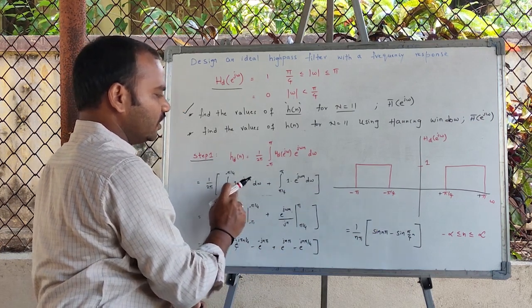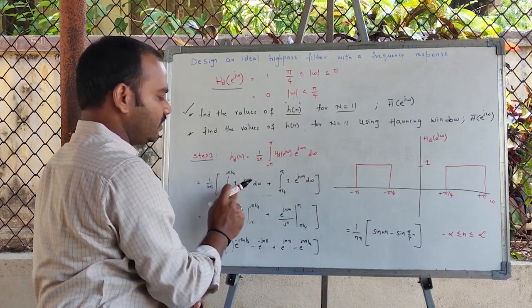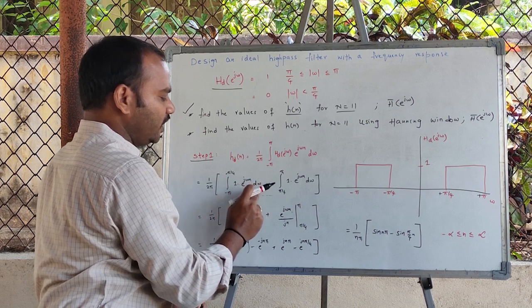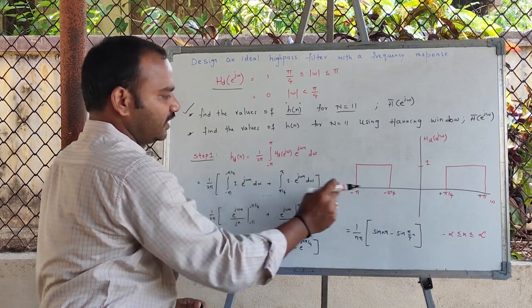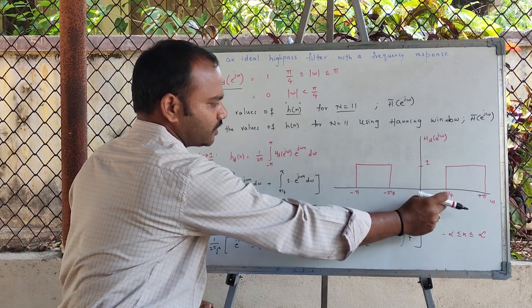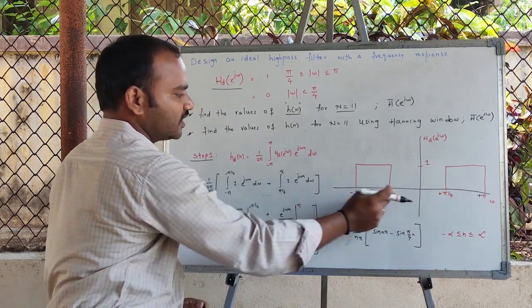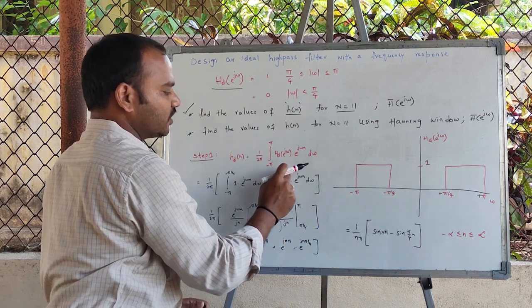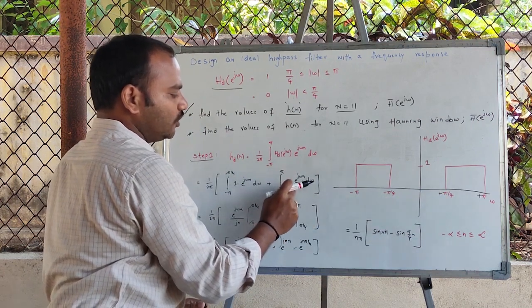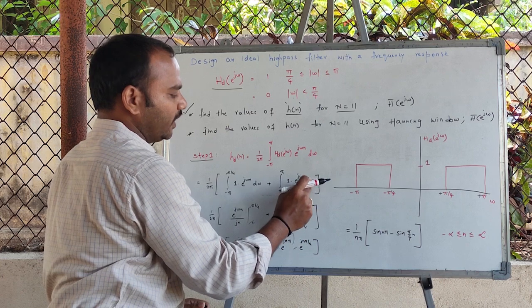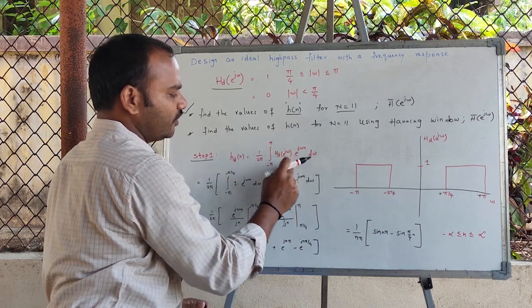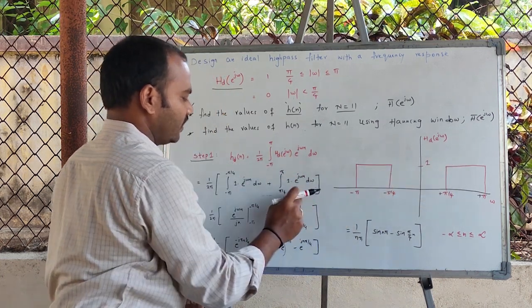The value of Hd of e power j omega is 1, e power j omega n d omega, plus the next from minus pi by 4 to plus pi by 4, it is 0. So there is no need to consider that one. Next is plus pi by 4 to plus pi, 1 dot e power j omega n d omega. Here 1 means Hd of e power j omega value is 1.